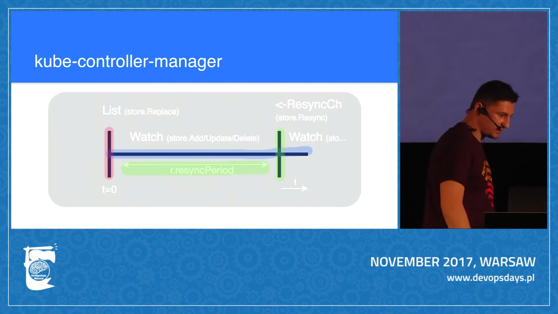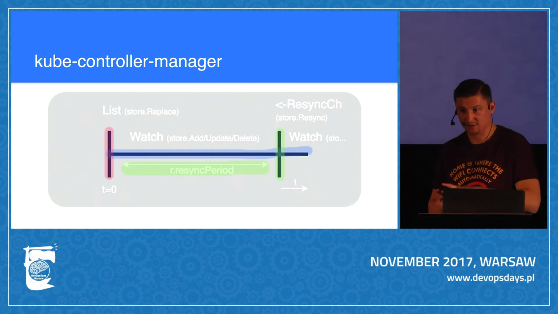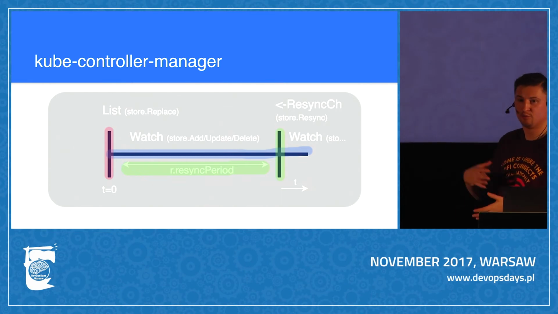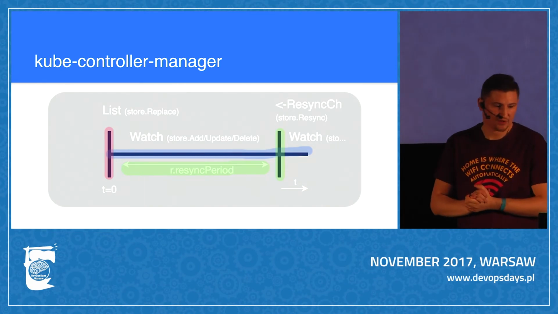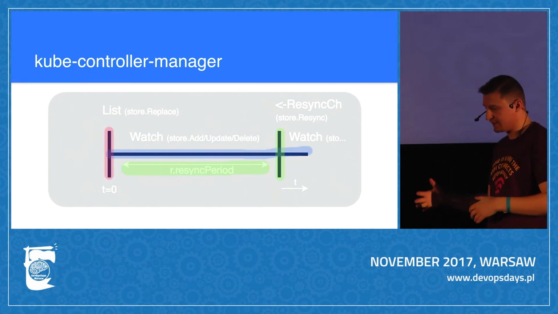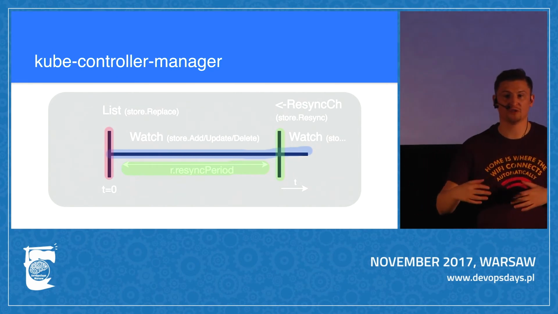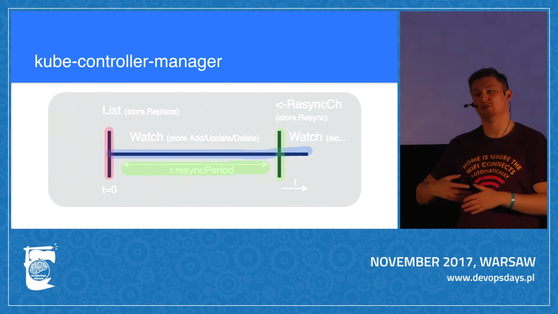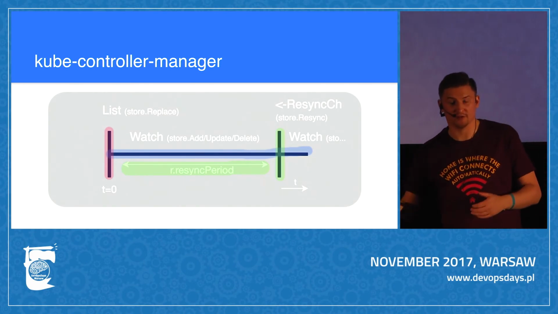Okay, going to the controller manager. It's a combination of different controllers that are running on the infrastructure. So the flow looks like that. For example, the replication controller notices that you want to run a new container. So it creates this container.